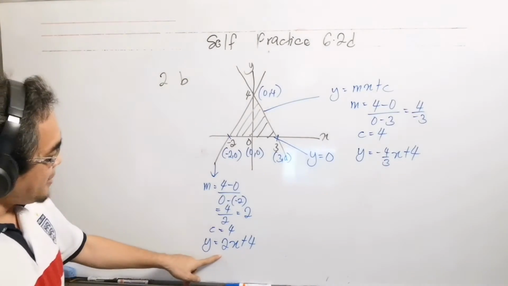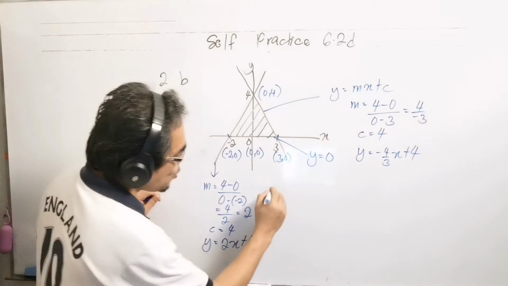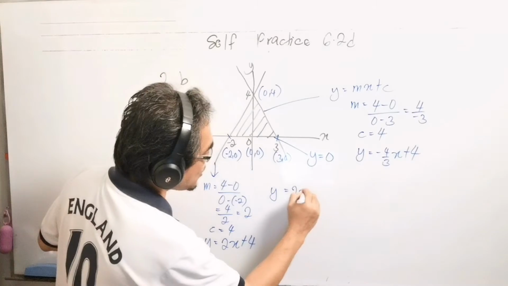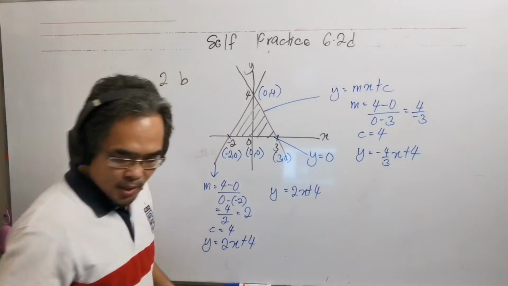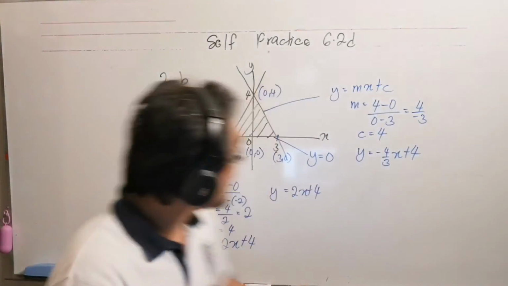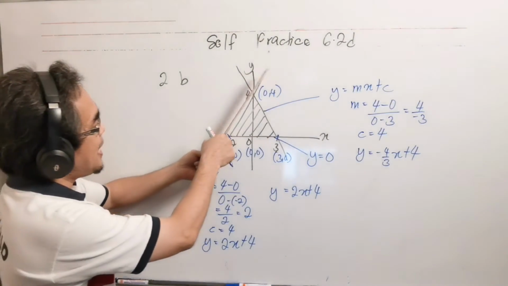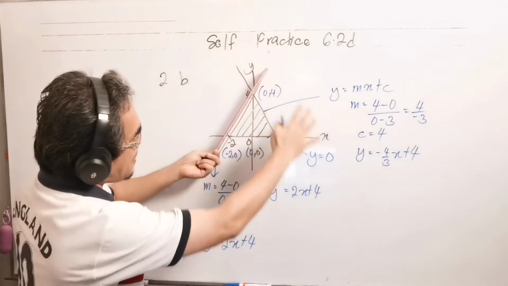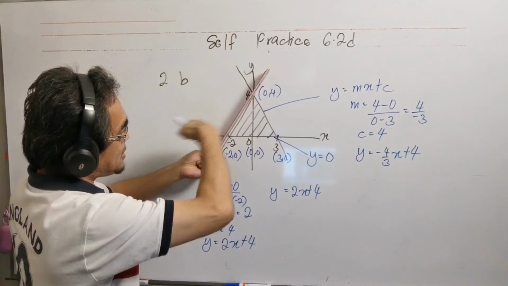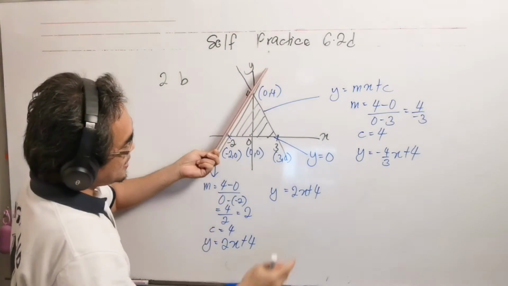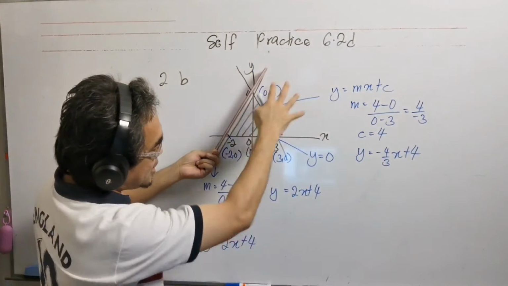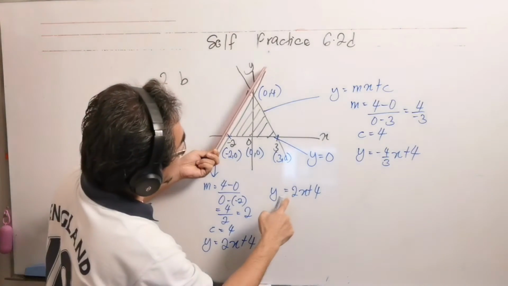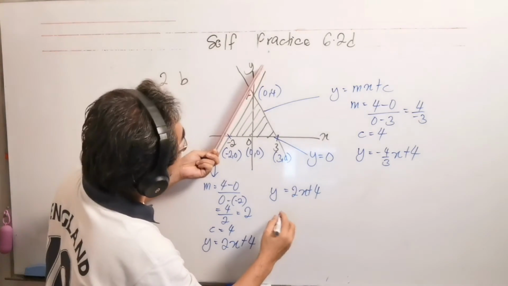From y equals 2x plus 4, you take your ruler and put it here, and this part is lower and this part is upper. Because this is the lower part, you just change this to less than.